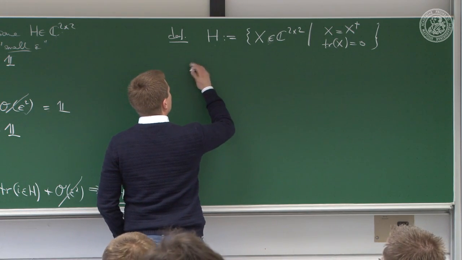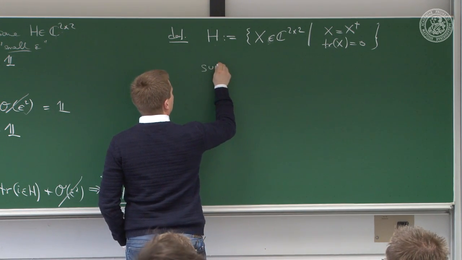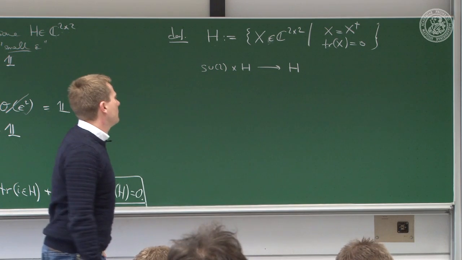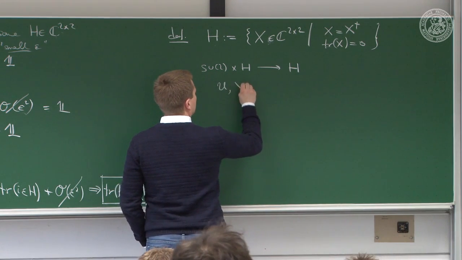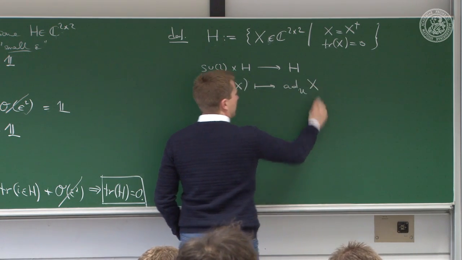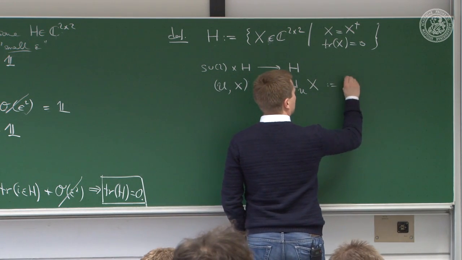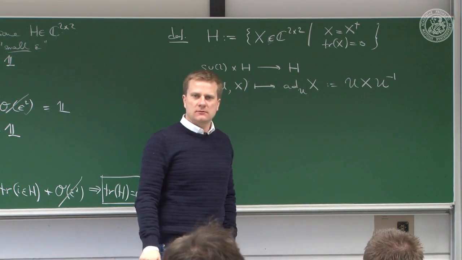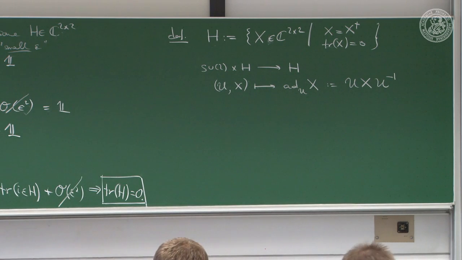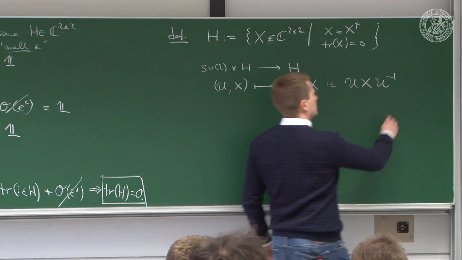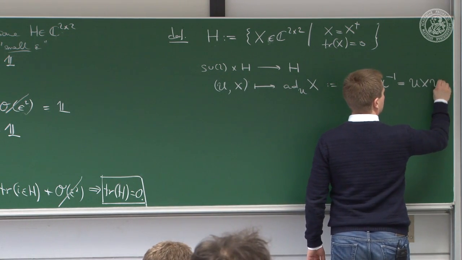Well, we can have an SU2 action, SU2 cross H going into H by taking a U and taking an element X from H and mapping this to the adjoint action of U on X, which is just U X U inverse. But we see from U dagger U equals 1 that U dagger is the inverse of U. So in this context, this is U X U dagger.